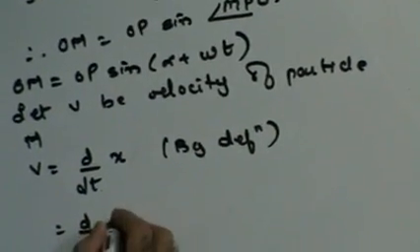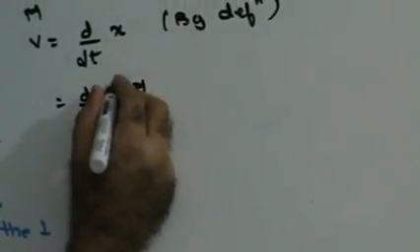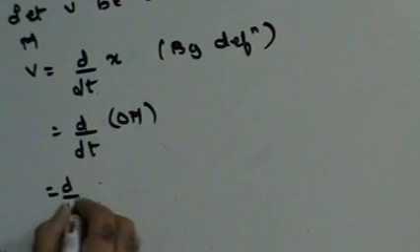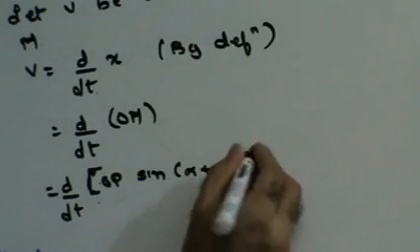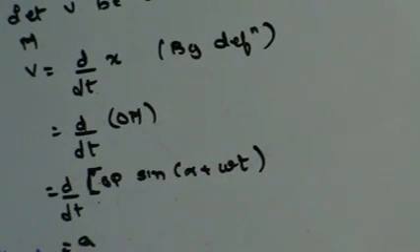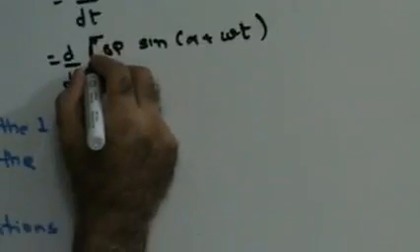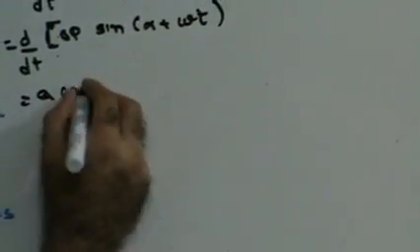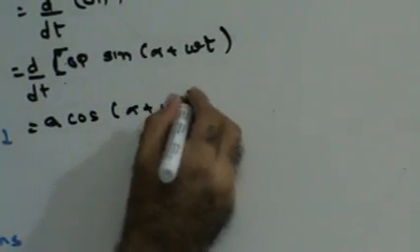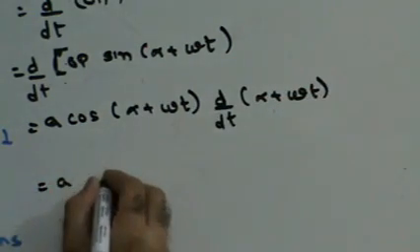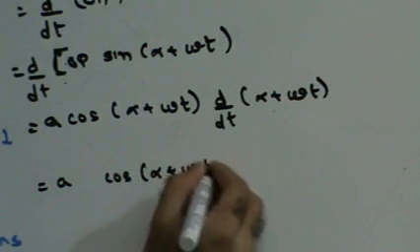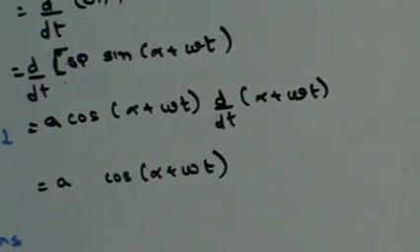That means d by dt of x. x is nothing but OM, and OM we had found out as OP sine of alpha plus omega t. Length OP we have assumed as A. D by dt of sin u is cos u, so cos of alpha plus omega t into d by dt of alpha plus omega t. This is nothing but A cos of alpha plus omega t. D by dt of alpha is 0, d by dt of omega t is omega. So this is going to be A omega cos of omega t plus alpha.